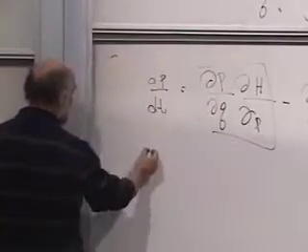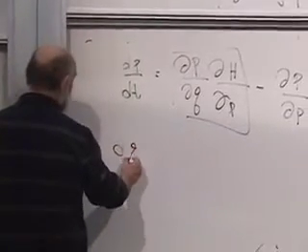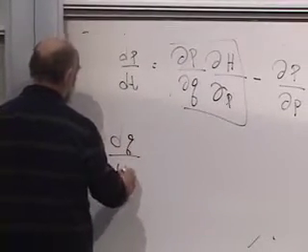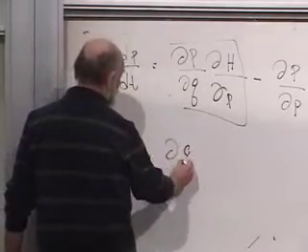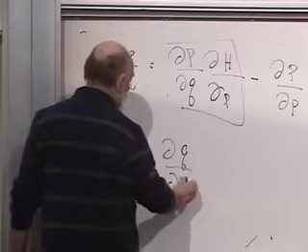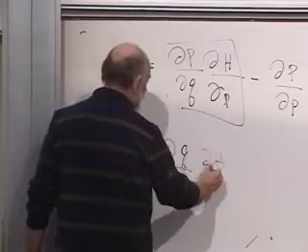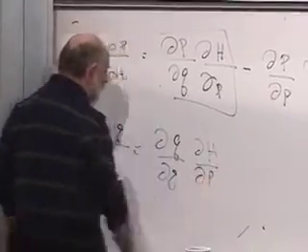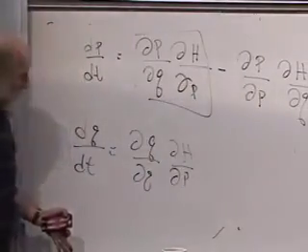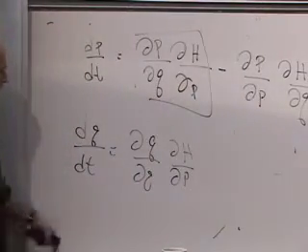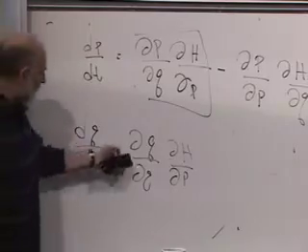The other Hamilton equation is dQ by dt is equal to, now we substitute in dQ by dQ, dH by dP. And now we're going to have another term where we'll have dQ by dP, but that's 0. dQ by dP is 0. dQ by dQ is 1.